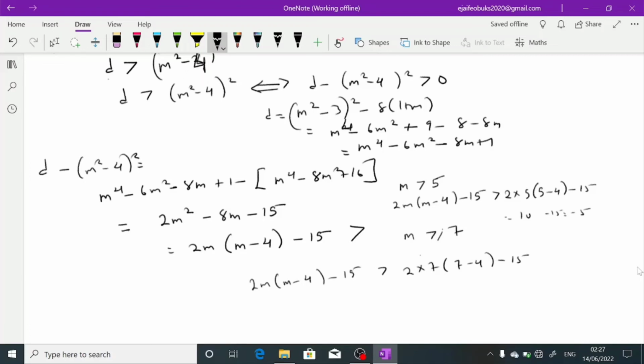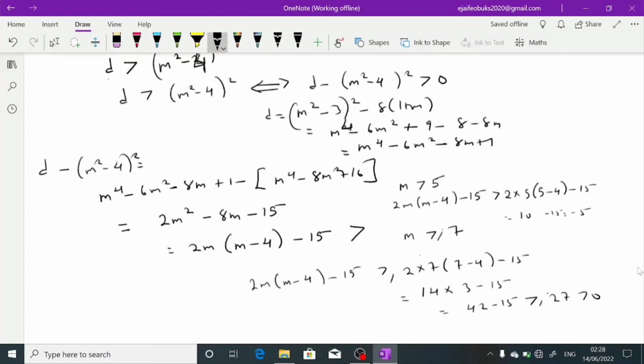Things don't always work out so easily. This is 14 times 3 minus 3, is greater than 0. Okay, so m equals 7 works.